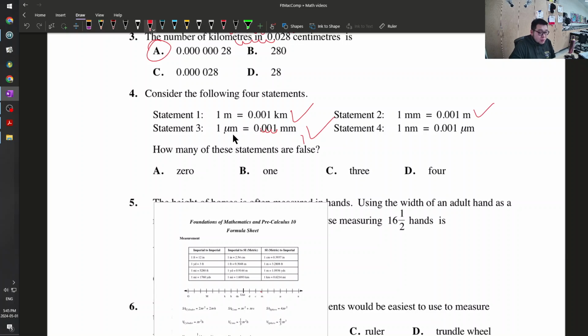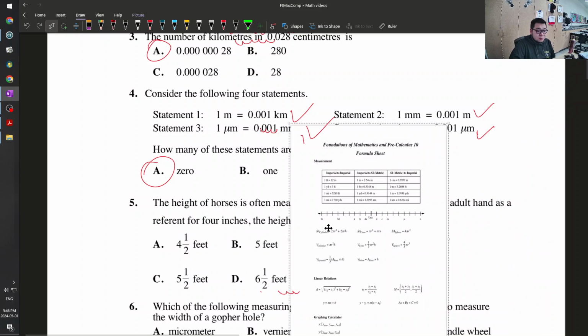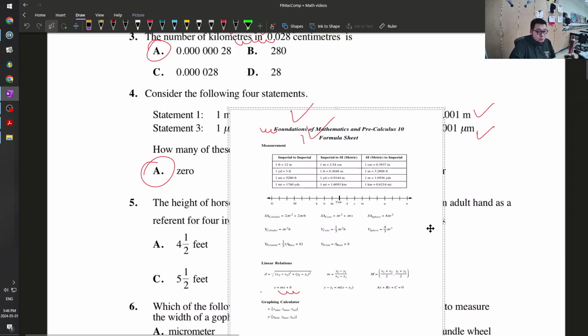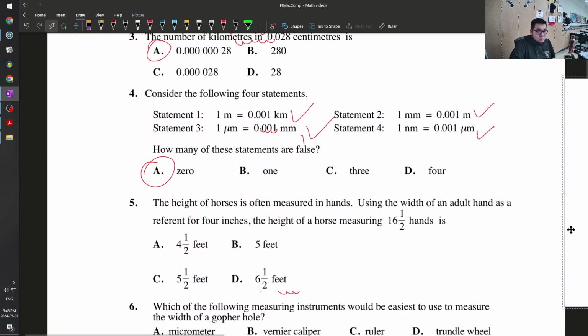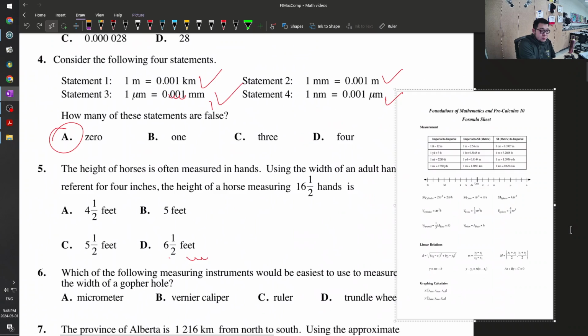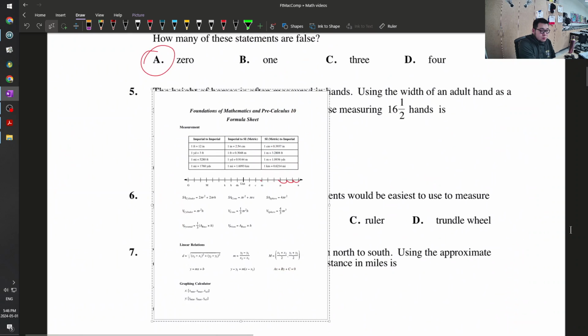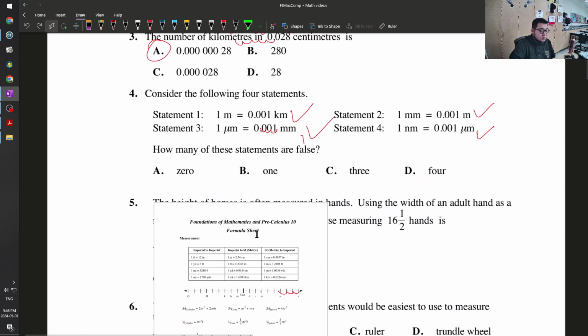This is correct. 1 nanometer is equal to 0.001 micrometer. Yeah, looks right. So it looks to me that all statements are true, so none of them are false. Number 4 is A.